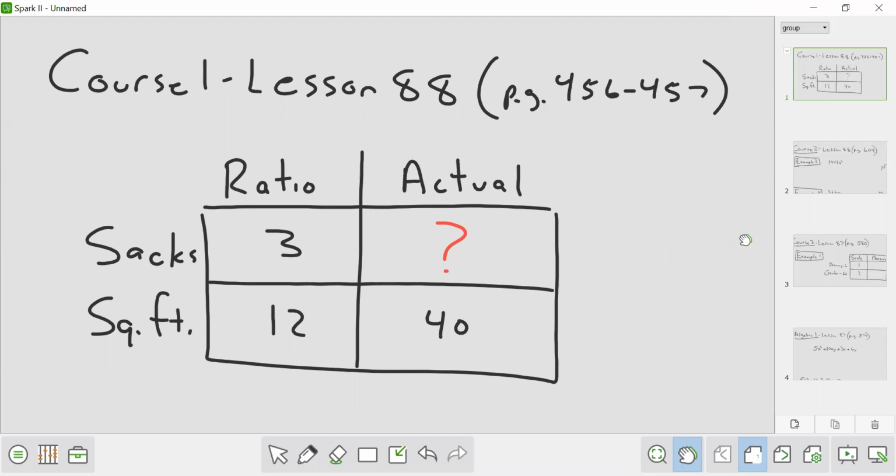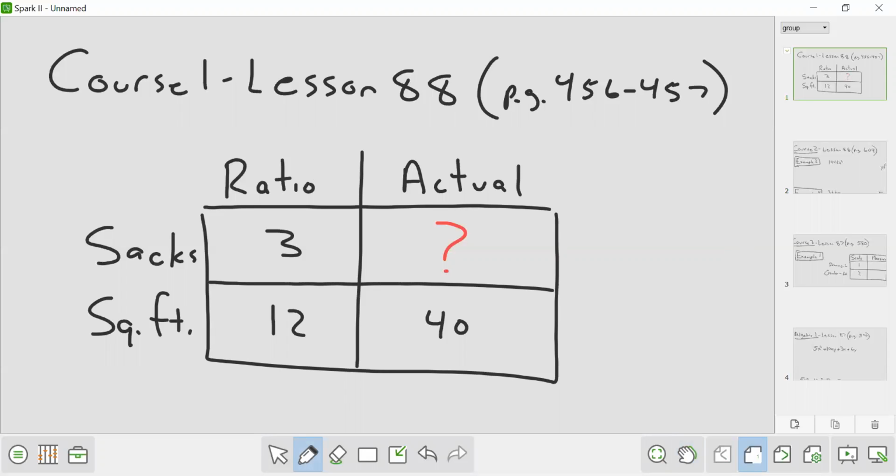All right, if you turn to page 456 and 457 in your math book, it's pretty straightforward stuff. If you look at example 1, it says, actually we're going to do example 2 first. It says if 3 sacks of concrete will make 12 square feet, that's what we're doing right here.